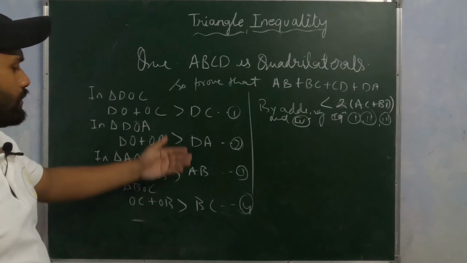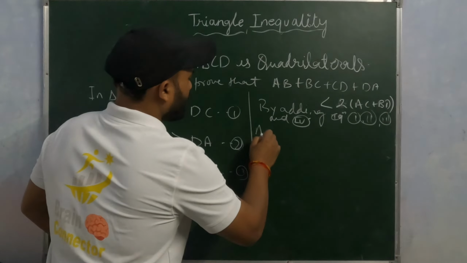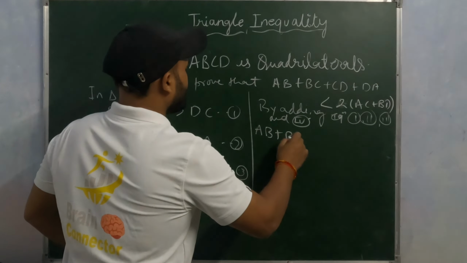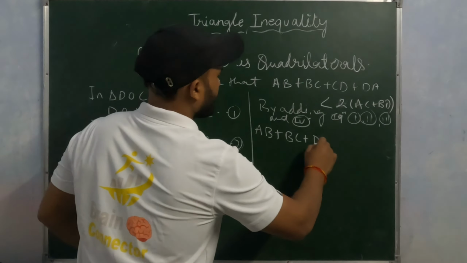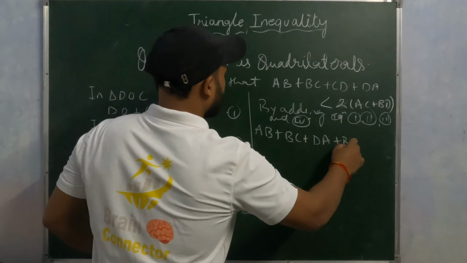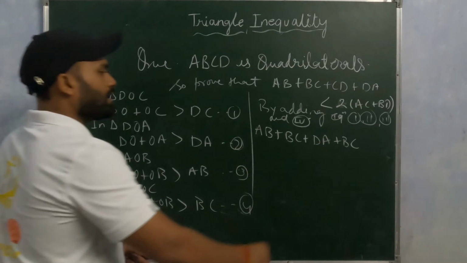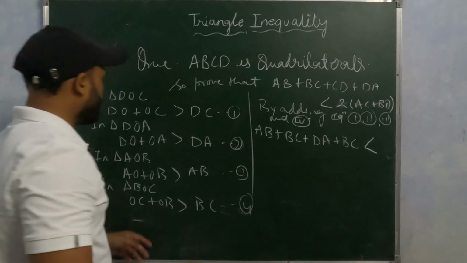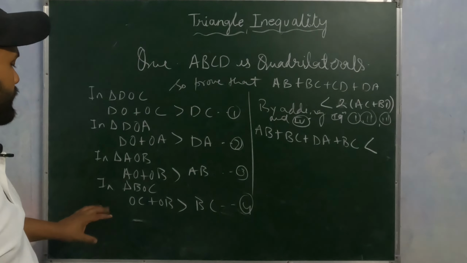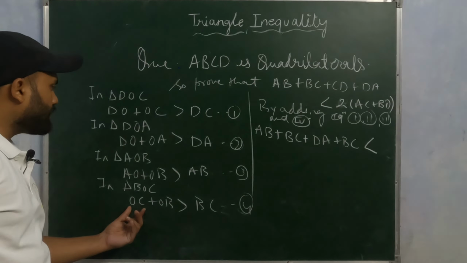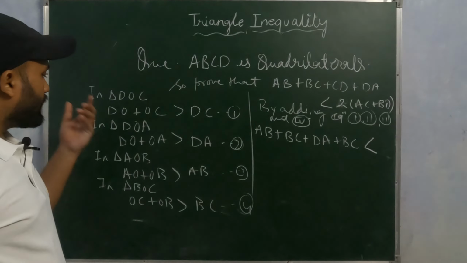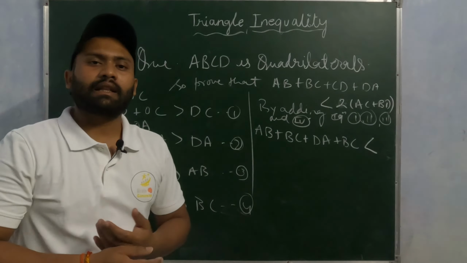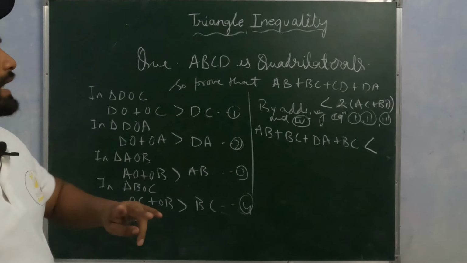Okay, let's add it. So you will find that AB plus BC plus DA plus DC is less than, and what is here? Look, OC is here, OC is here, DO is here, DO is here. So you will find that all the quantities here are 2 times.